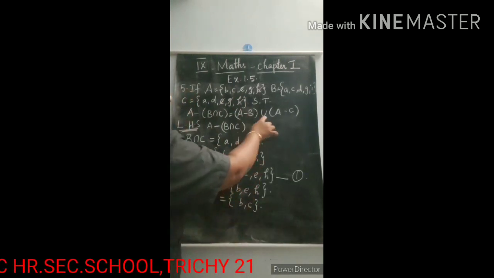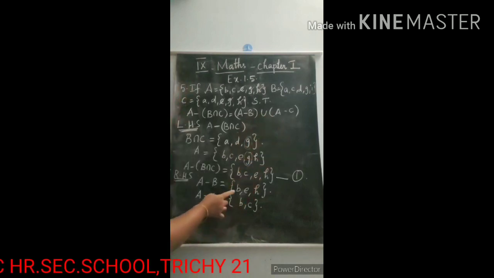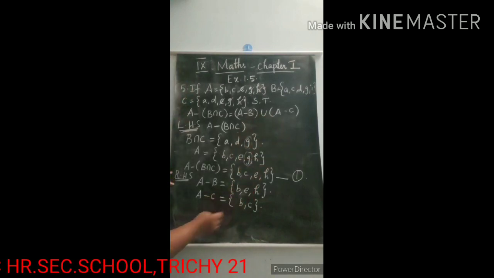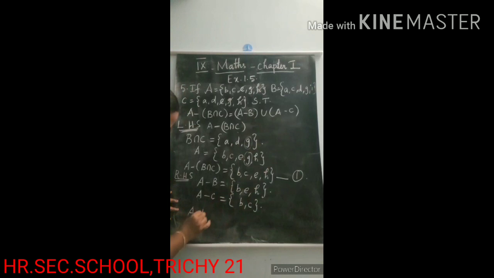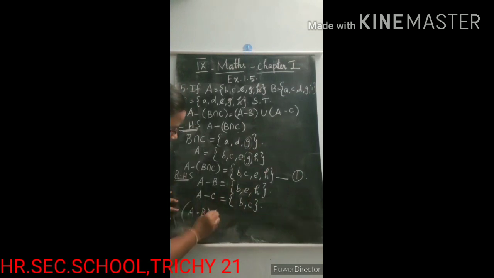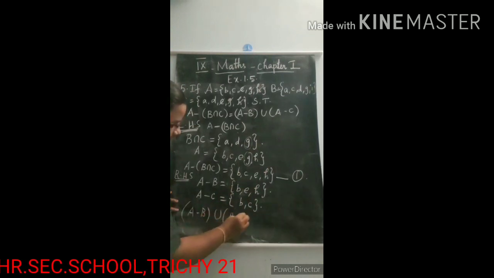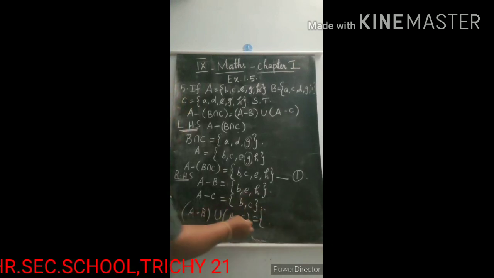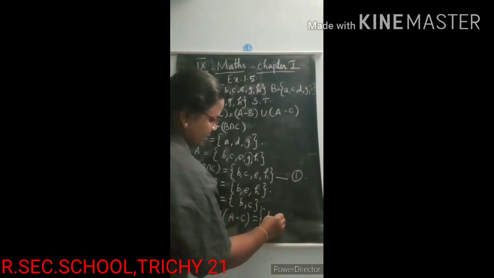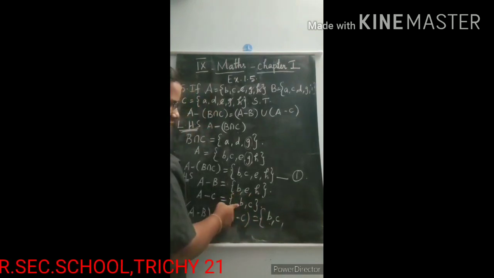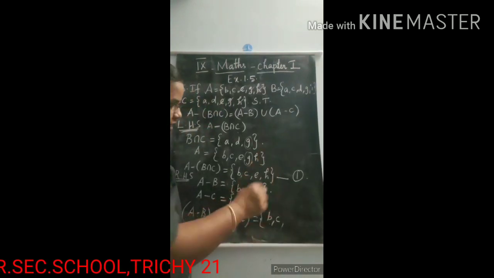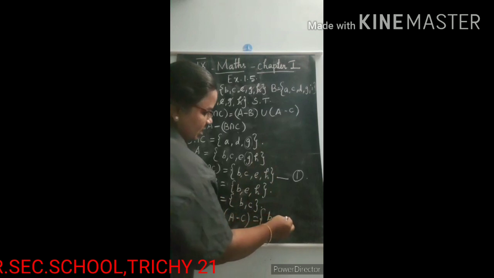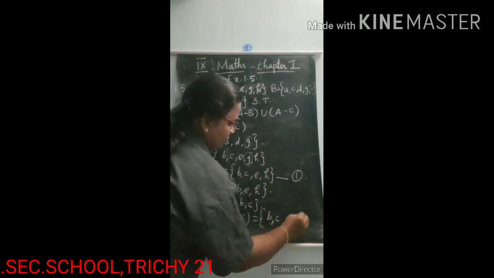Now you have to take the union of these two terms. We will get (A minus B) union (A minus C) is equal to, combining together, B, C, E, H, because B is there two times, so you write it only one time. So {B, C, E, H}.